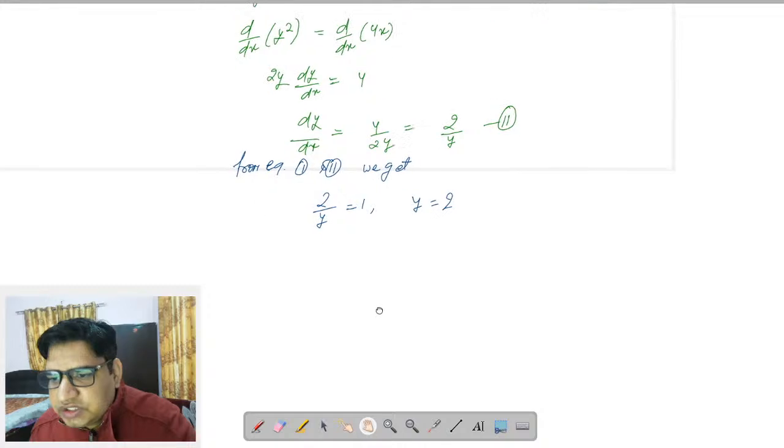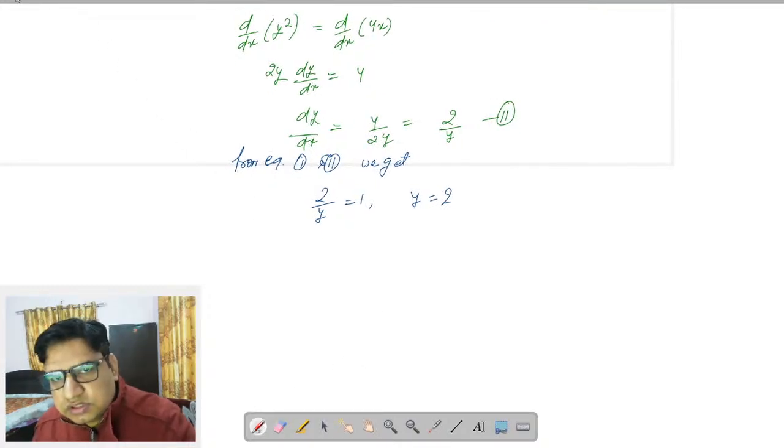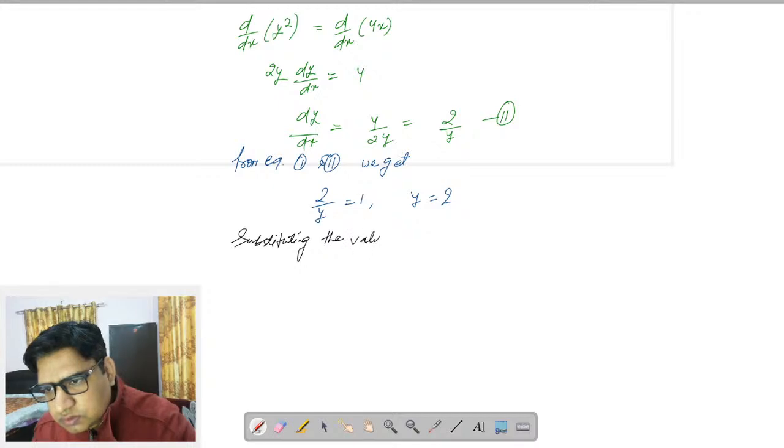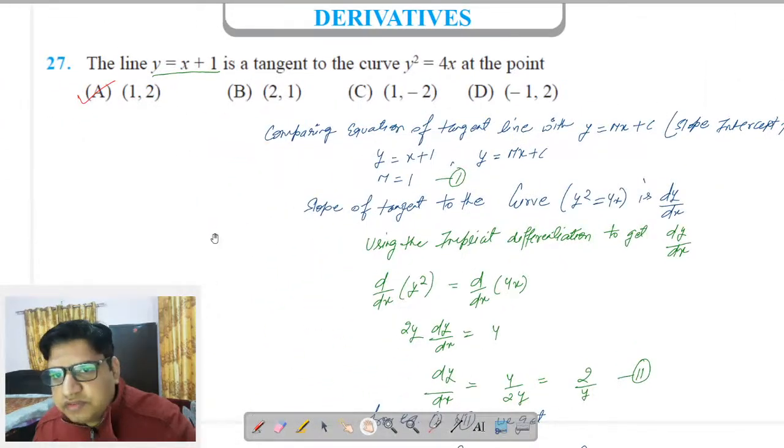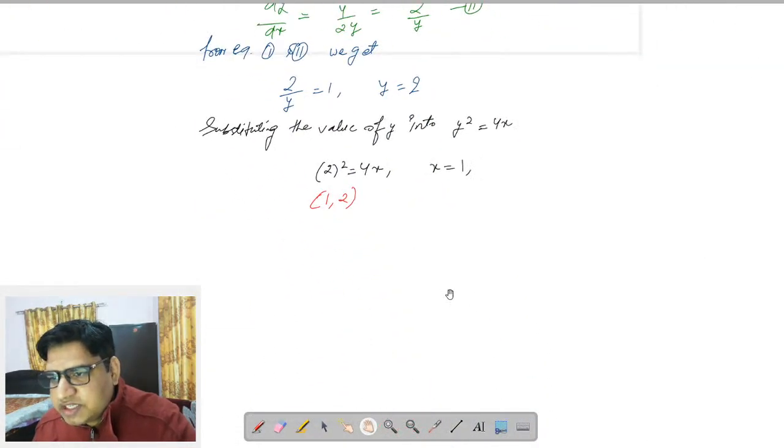Substituting the value of y into y square is equal to 4x, that will result into 2 square is equal to 4x, and from here we get x is equal to 1. So the point is (1, 2). This is how we can solve this type of questions.